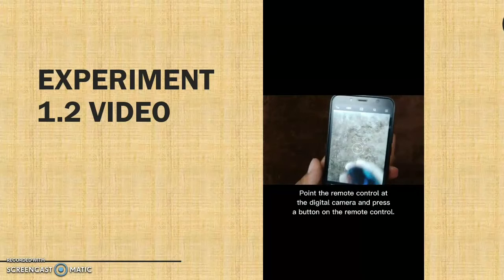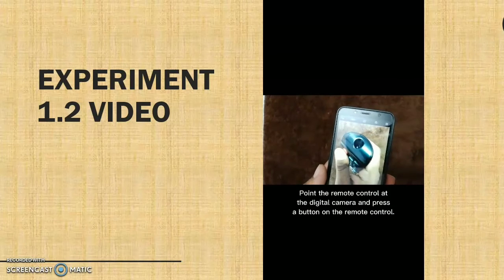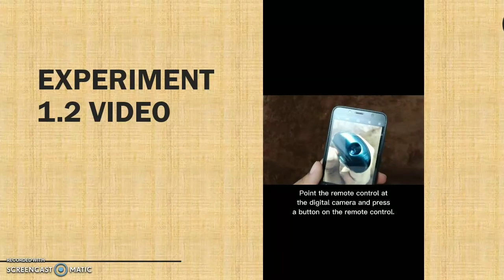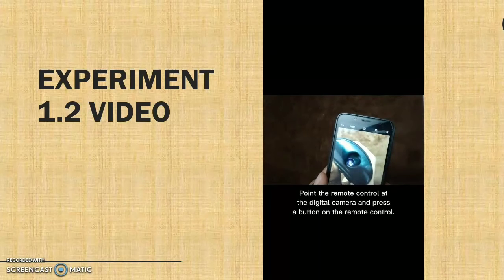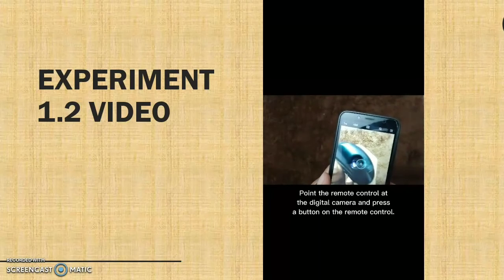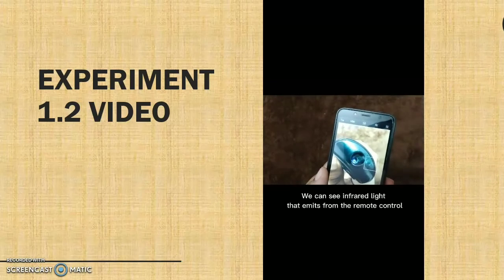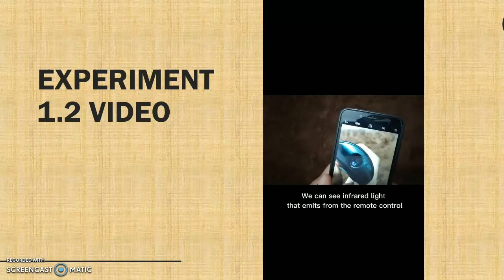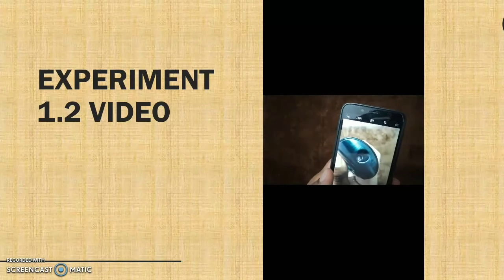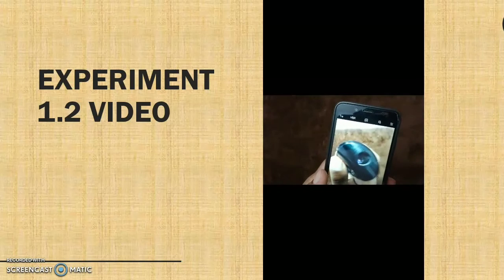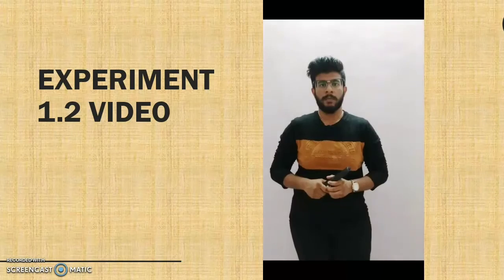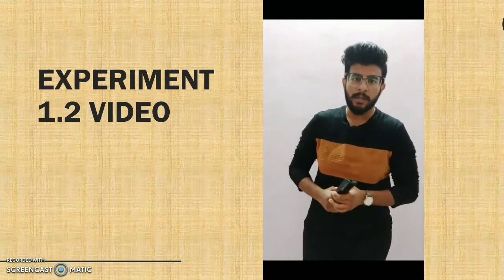As we can see here, I'm putting it under the camera and pressing the remote control, and we can see there's light emitting from the remote control. This can't be seen by our naked eyes, but only through digital cameras. That's how the experiment works.